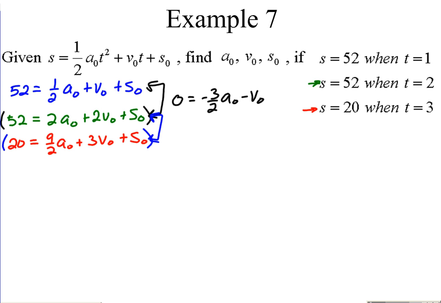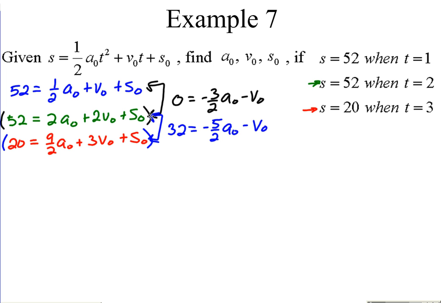So I have 52 minus 20. 2 minus 9/2 is negative 5/2 a of 0. And 2 minus 3 gives me negative v of 0. So now I've eliminated s of 0 from both equations. I have 2 equations, 2 unknowns.